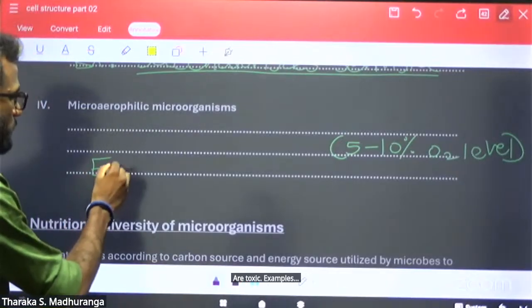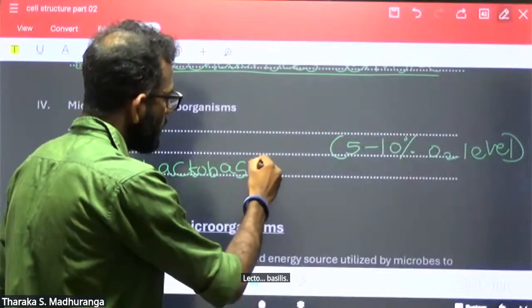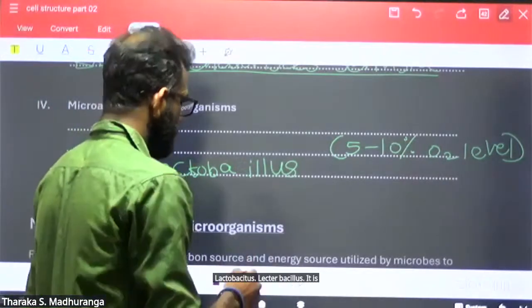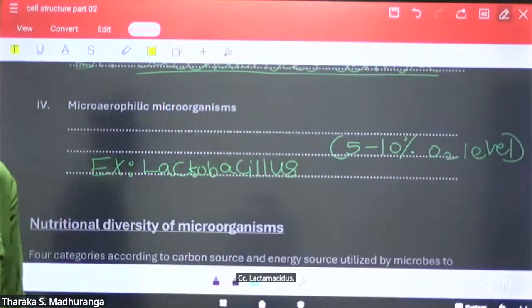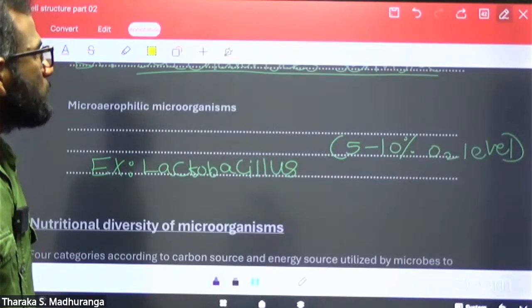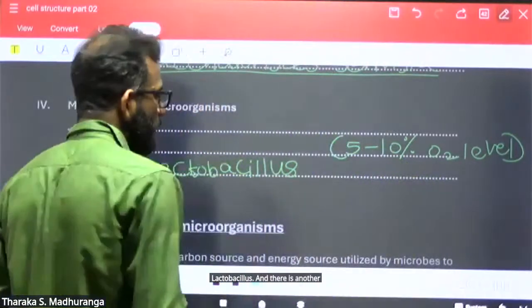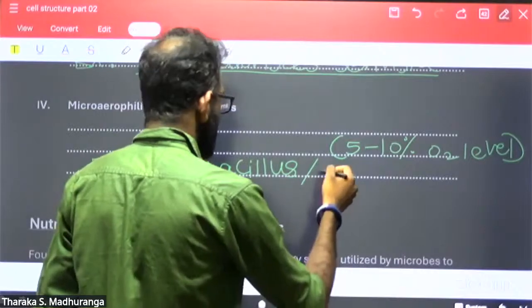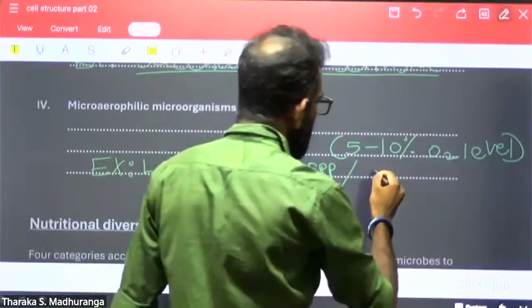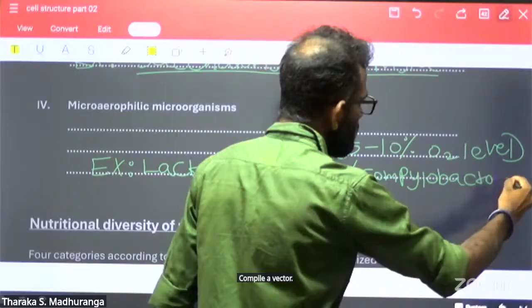Examples: Lactobacillus species, and there is another one, Campylobacter species.